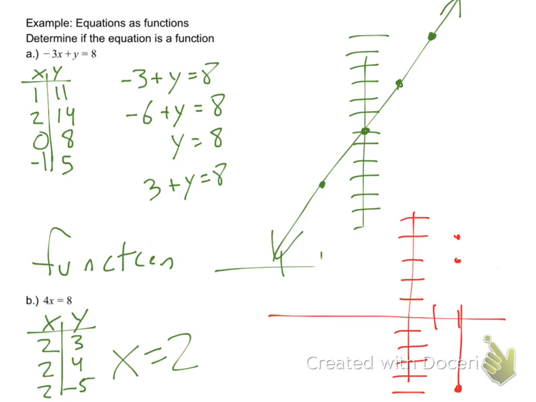If I connected those, it forms what kind of line? Vertical line. Will a vertical line pass the vertical line test? No, so it's not a function. I can't draw a vertical line there that doesn't touch another point. So therefore, it's not a function.